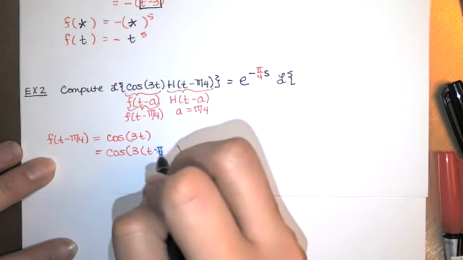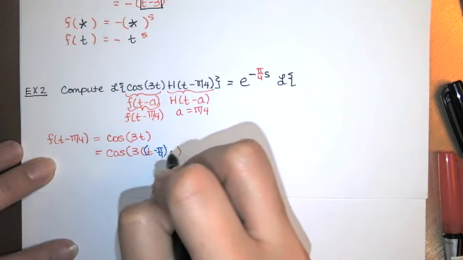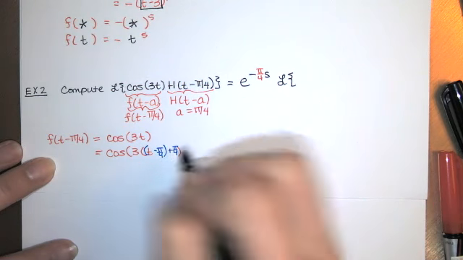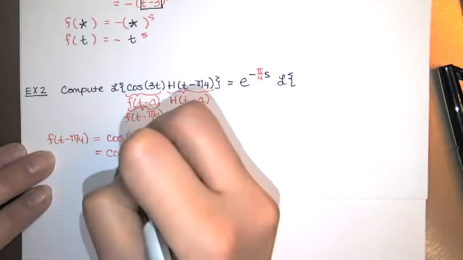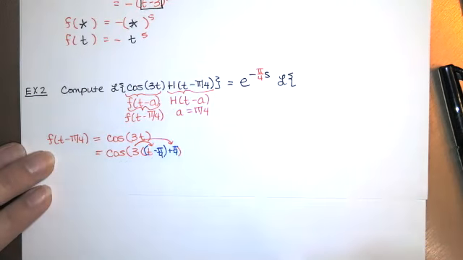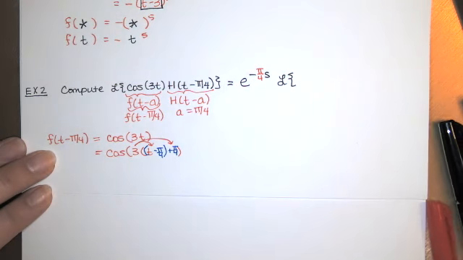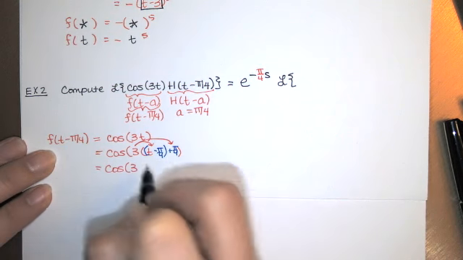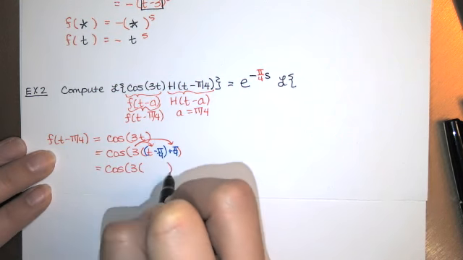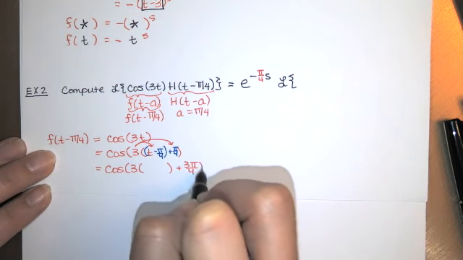So if I'm subtracting pi over 4 to get this to look like t minus pi over 4, that's fine as long as I also add pi over 4. And then if I distribute this 3 to that set of parentheses and that pi over 4, what we end up with is this. We've got cosine of 3 times the quantity t minus pi over 4, plus 3 pi over 4.